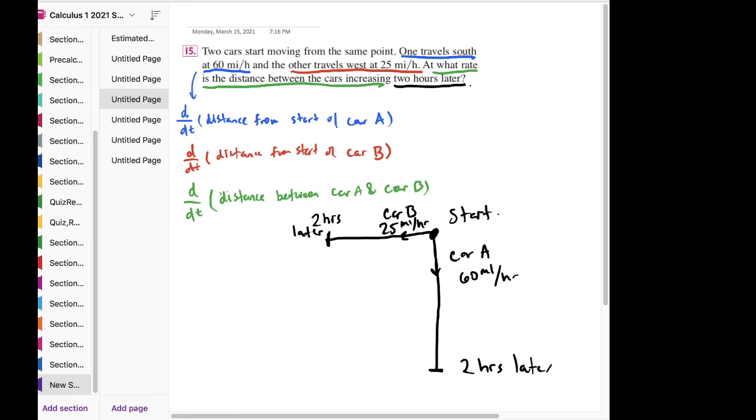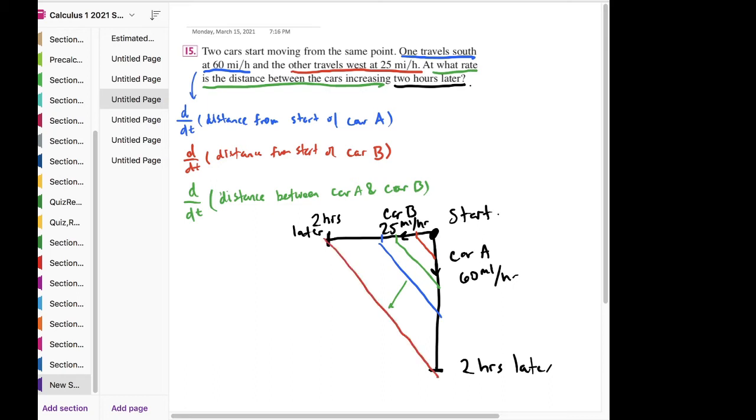So the question is, at every point in time there is some distance between the two cars. And as time is increasing, this distance is increasing at some rate. We don't know what the rate is.